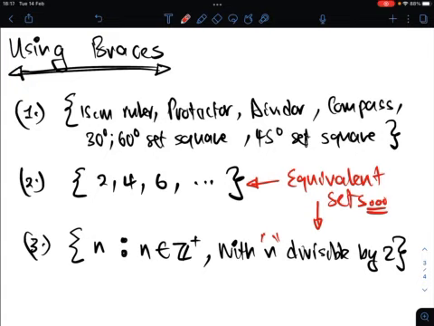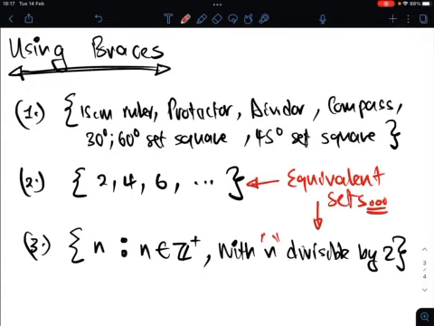So this is the reason why you have to familiarize yourself with the use of braces to represent sets, and also how to represent sets using specifying conditions like what we have just done here. You see that?